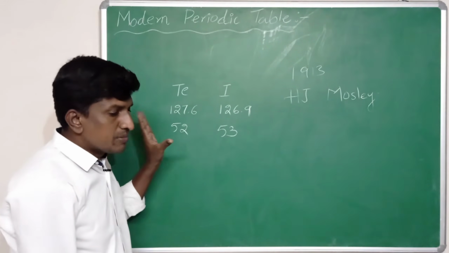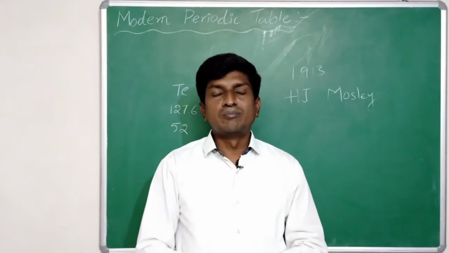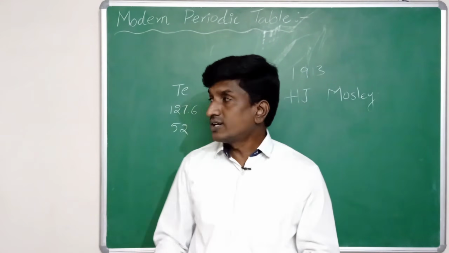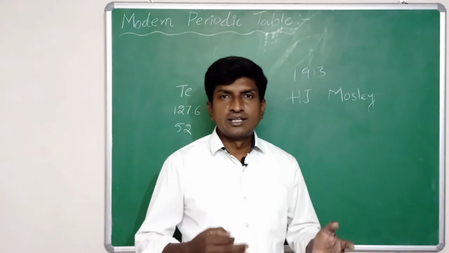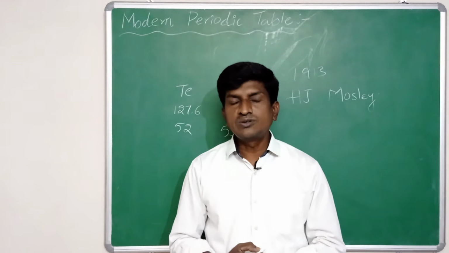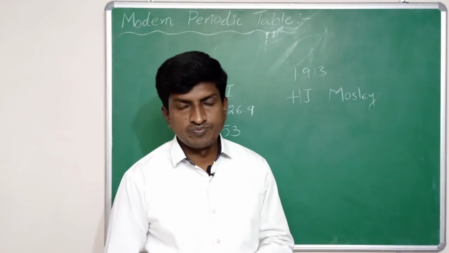So this type of limitation has been eliminated from Mendeleev's periodic table after knowing the atomic number. Later, the periodic law also changed from the concept of atomic weight to atomic number.